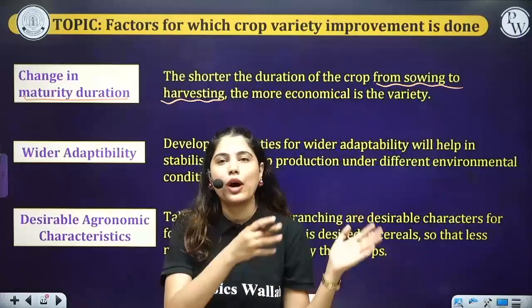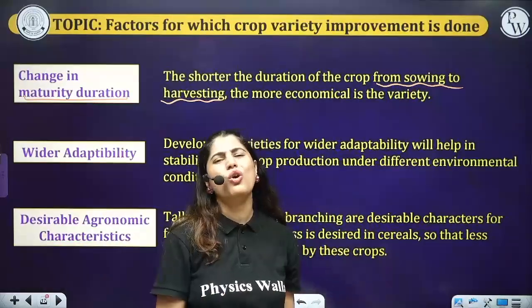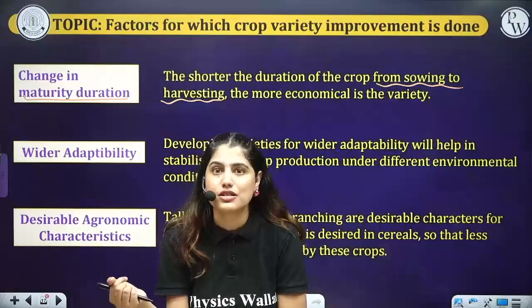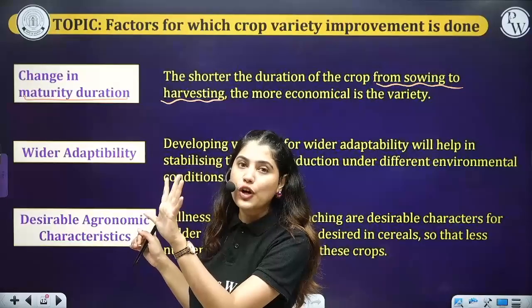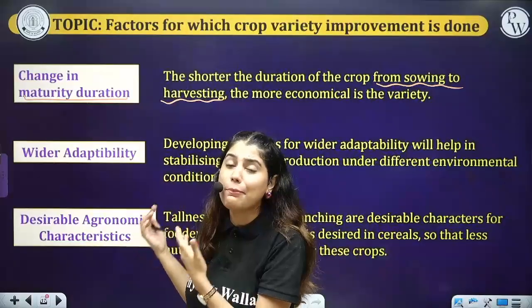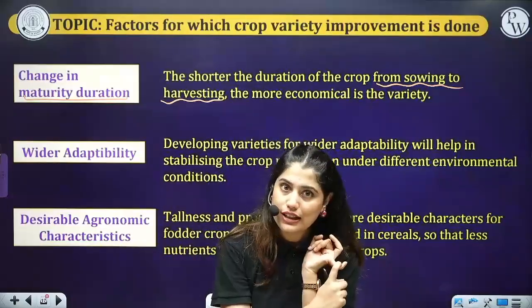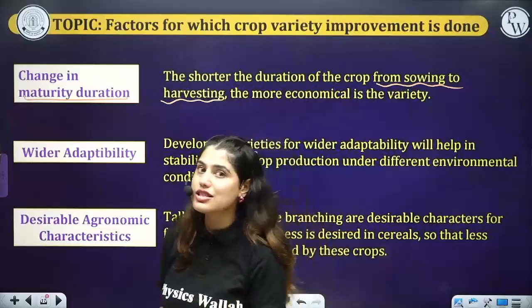Also remember that the production cost decreases. If let's say in 1 year only 1 crop is growing, the farmer has to supply more water, nutrients, and also take care of the pests. But once the farmer is growing multiple crops in the same time, the investment you are putting in, the cost, is decreasing.